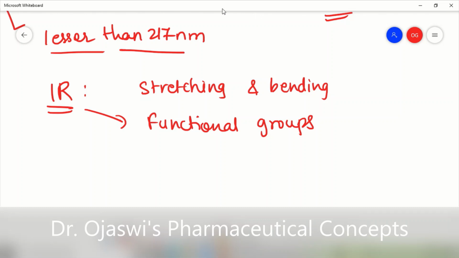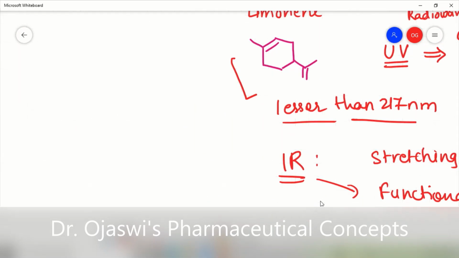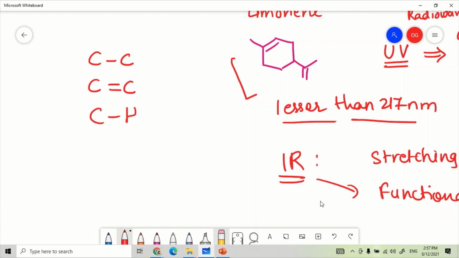If I see the structure of limonene and want to analyze it using IR, I can see there is a C single bond C, I can see a C double bond C is also there, and I can see a CH bond is there. So definitely all these peaks will be appearing, like this peak will appear in the double bond region of the IR spectrum.